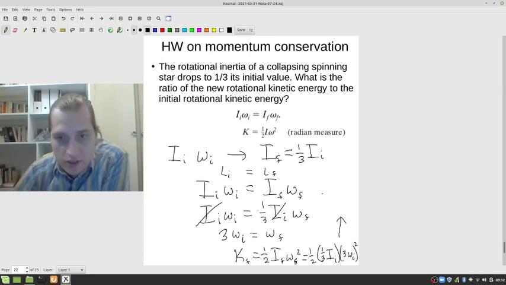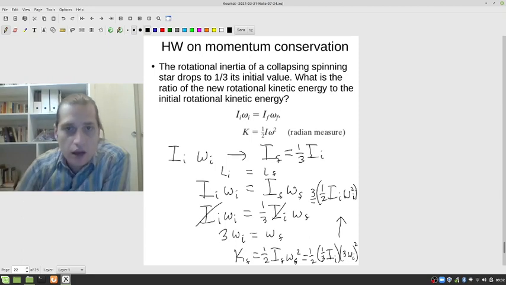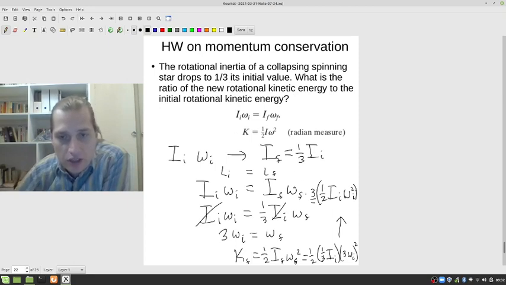So this is 1/3 times 3 times 3, which is 3 times 1/2 I initial omega initial squared. So the ratio of the new rotational kinetic energy to the initial rotational kinetic energy has increased by a factor of 3.